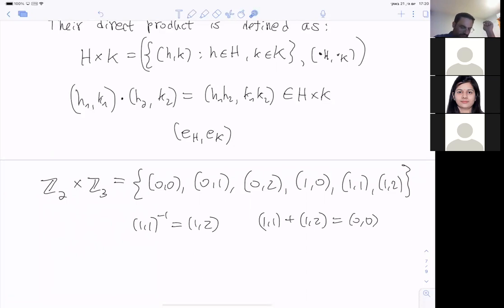Because 2 is 0 in the first component and 3 is 0 in the second one. So this is the neutral element. The inverse of an element is an element that takes you to the neutral.